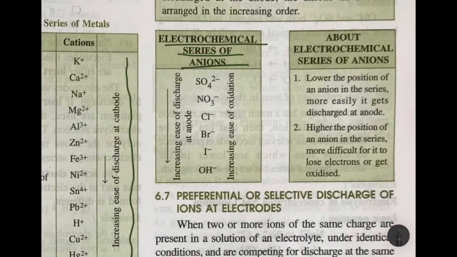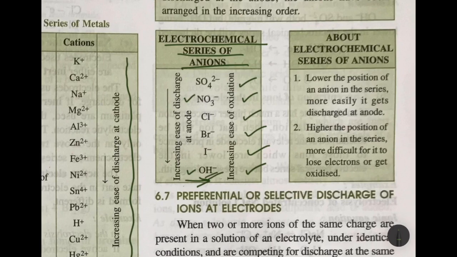So here you can see sulfate, nitrate, chloride, bromide, iodide and hydroxide. As you go down, the one which is lowest will be discharged first. That means if there are nitrate anions and hydroxyl anions, which one will be discharged first at the anode?